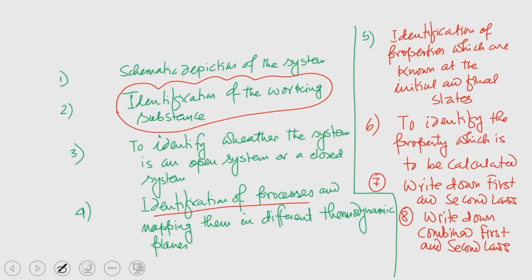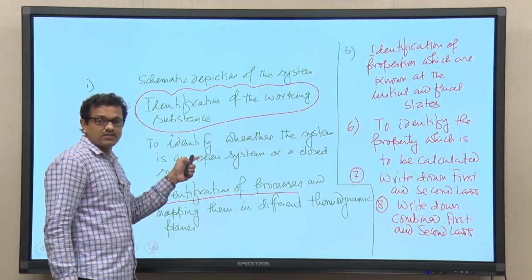If we now go to the steps we wrote a few minutes back, the first one is not required, the second one is also not required, the third one is also not required, because it is given a non-flow system.